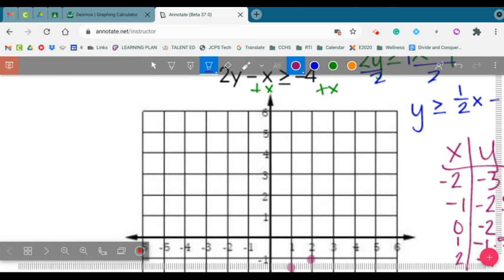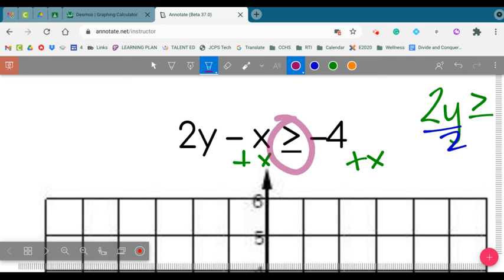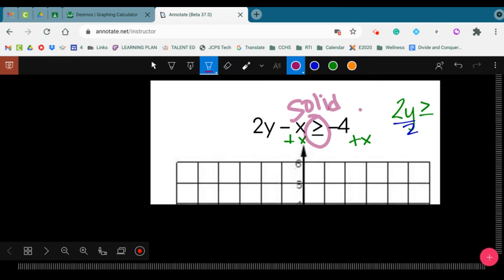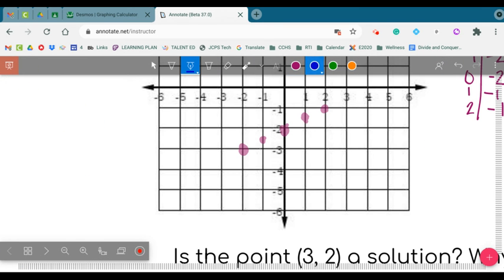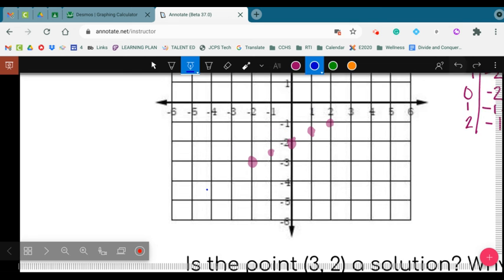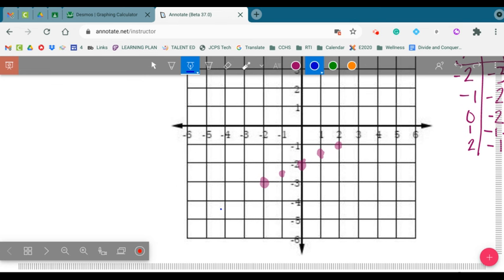Now, this one we have to figure out, dashed or solid. This one has a line underneath, so it's solid. So we're going to draw a solid line. Oh my goodness, you guys, I cannot draw today.